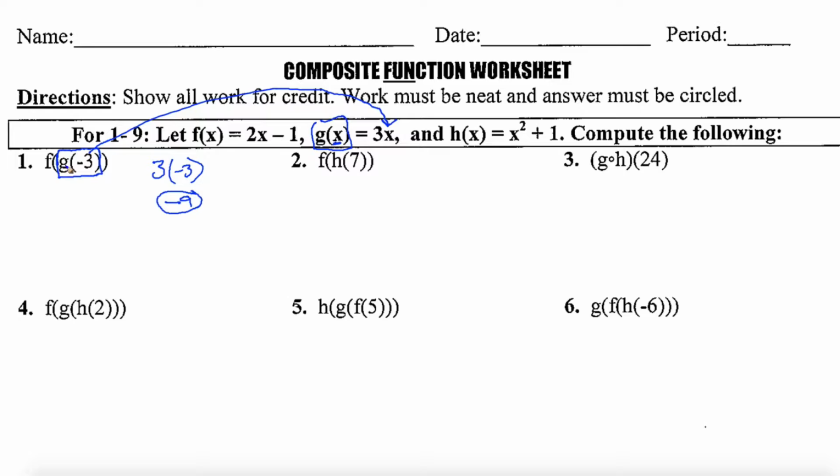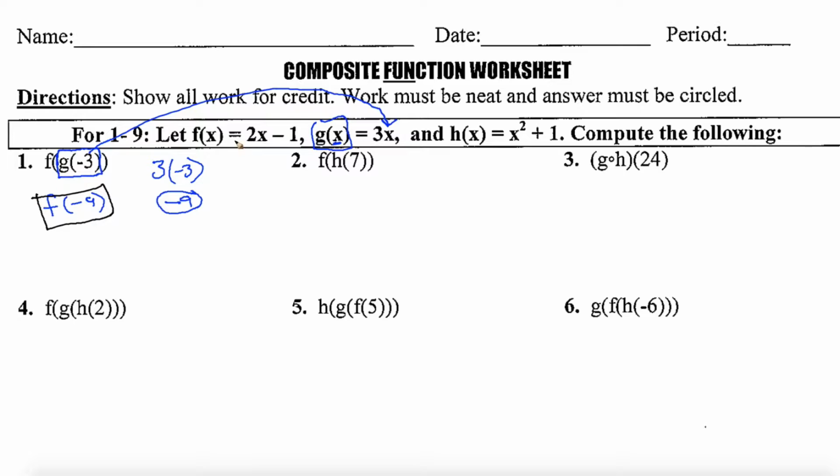Now we take that and just write the solution. I just solved g of -3 and got -9. Now we go to the next function out. In this next function out, we have f of -9.